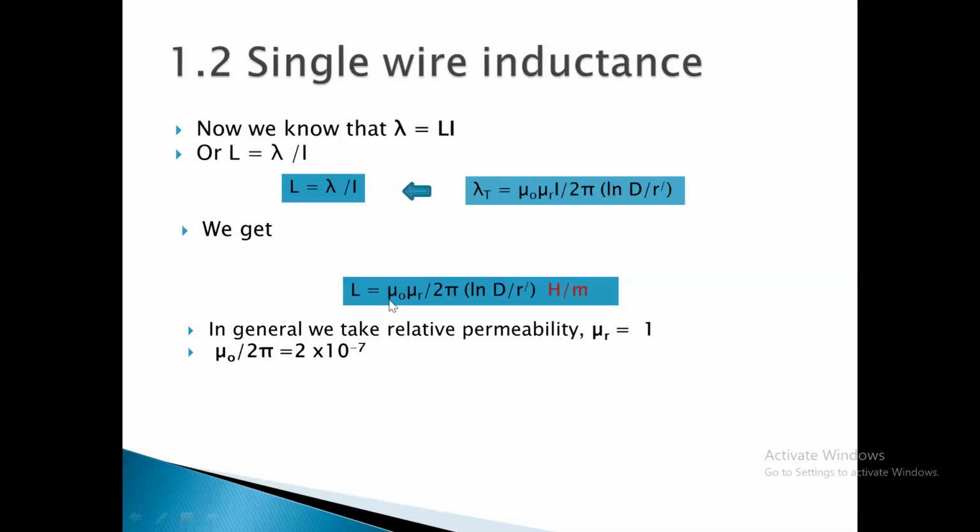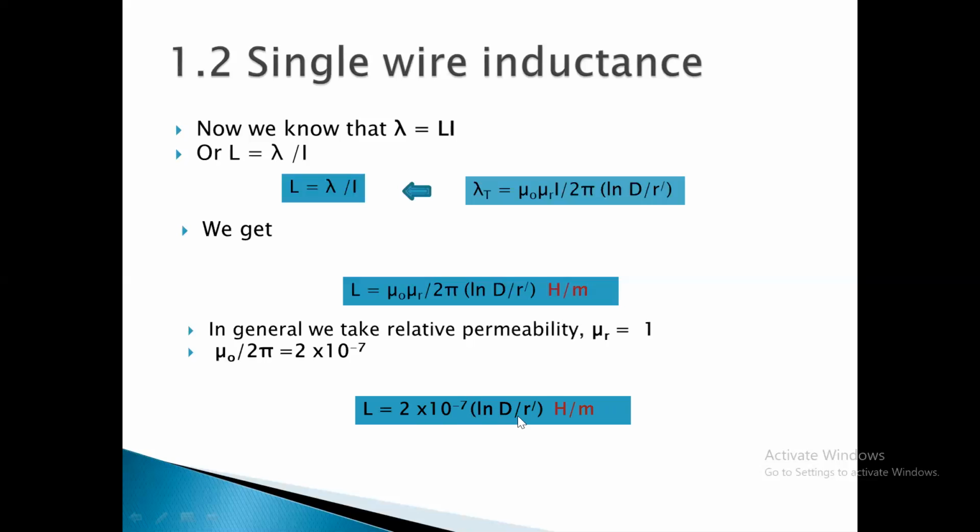This is already 1. So I will simplify my formula and I will get the inductance formula here. This is the inductance formula for a single wire. What I need is just the radius of the wire and the distance at which I want to calculate the inductance, for example, 1 centimeter away from the wire, or 2 centimeter away from the wire.